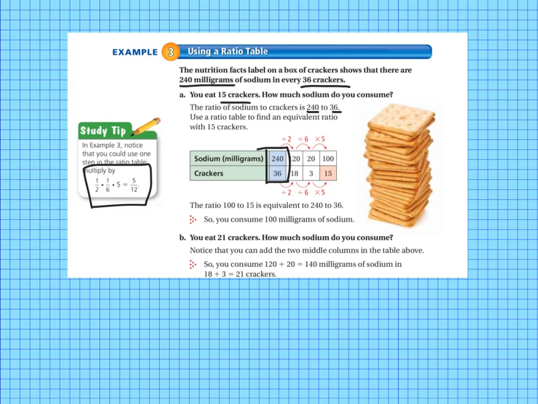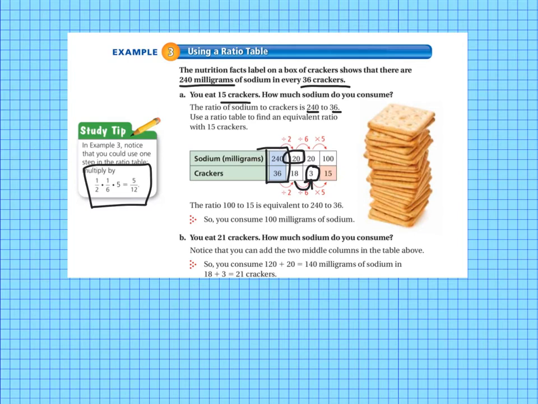And in 18 crackers, there's 120 milligrams of sodium. And then, well, we're still not there, but we can keep going and we can make this really small and get to 3 crackers. And 3 is a factor of 15.